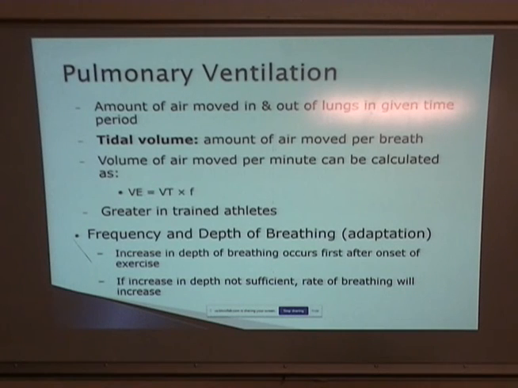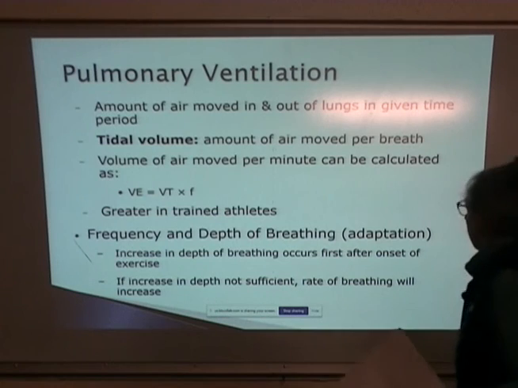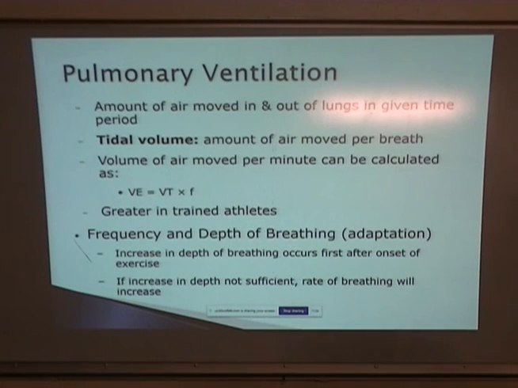So pulmonary ventilation is kind of the fancy term for breathing. And the tidal volume is equivalent to the stroke volume. So the stroke volume was the amount of blood squished out per beat, right? The tidal volume is the amount of air moved per breath.